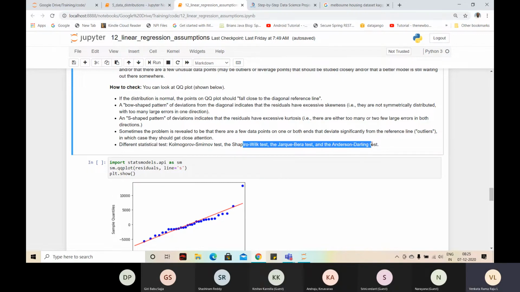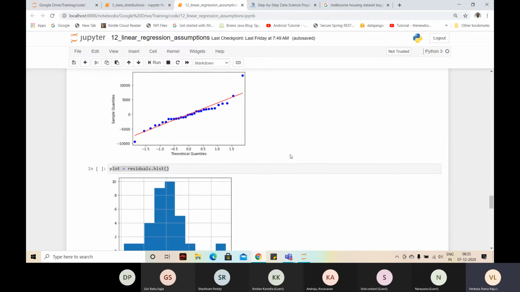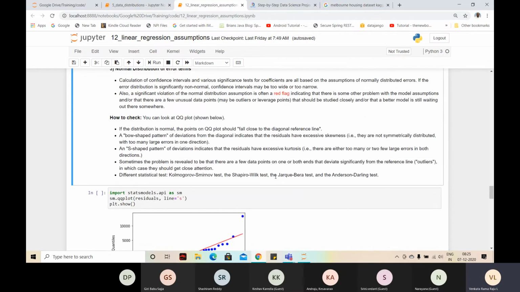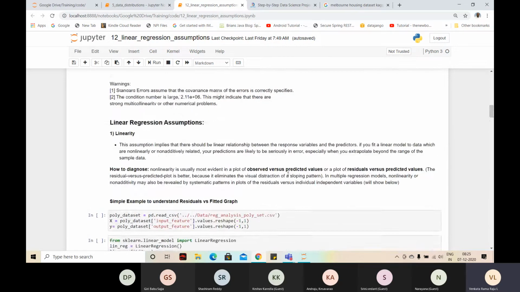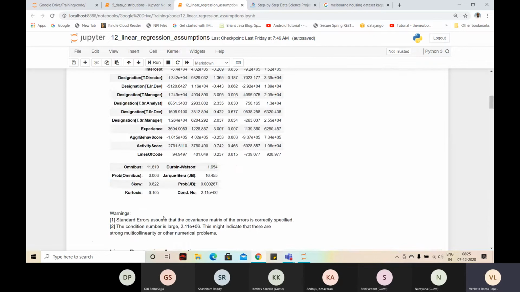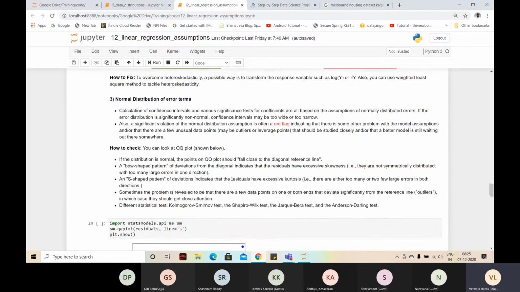Statistical tests are also there. We get the Jarque-Bera test here, whose value should fall in some range. I forgot the range, but it is not that important.